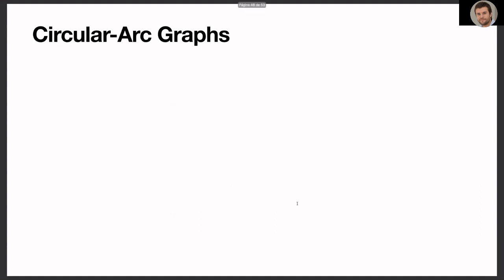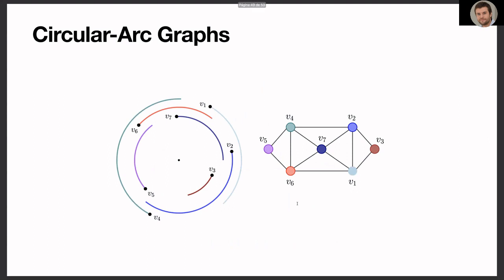Let me finish with a fourth example of an interesting class: circular arc graphs. They are similar to interval graphs, but instead of a real line, it's on a circle, so we can have periodic intervals. This class is also inspired by scheduling problems where we have to check a periodic program.